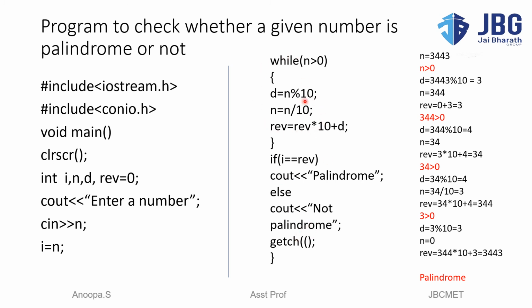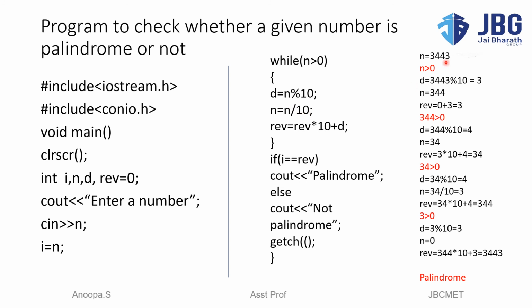So first I have to reverse the number, that is, from 3443 I should get 3. So how will I get 3? d equal to n mod 10. Whenever we take the modulus value, I will get the remainder. So here from 3443, if I do mod 10, I will get the value 3. Okay. So then n equal to n by 10.